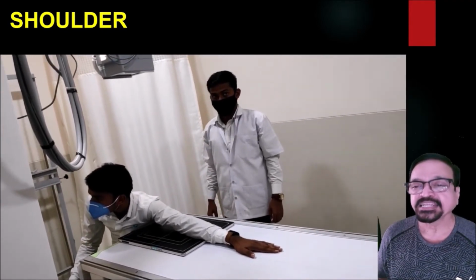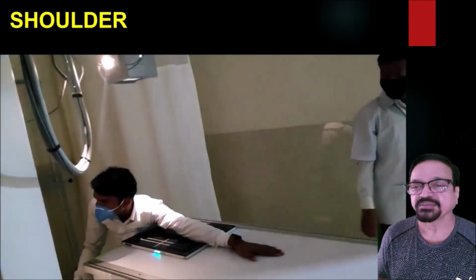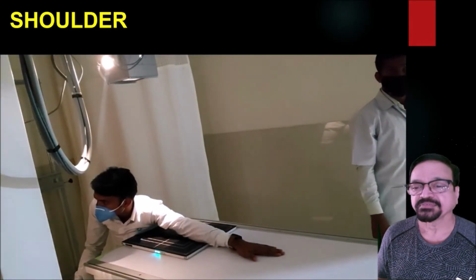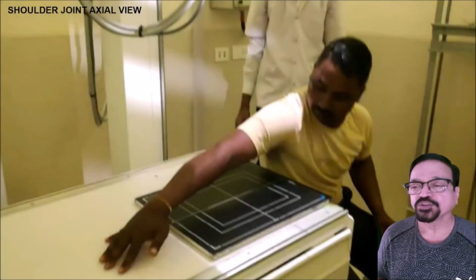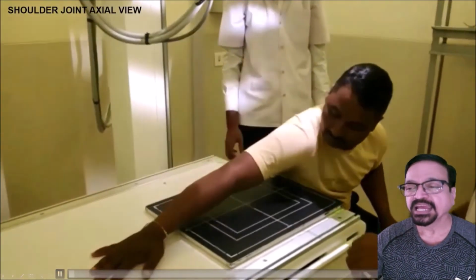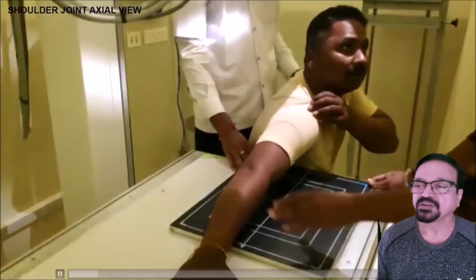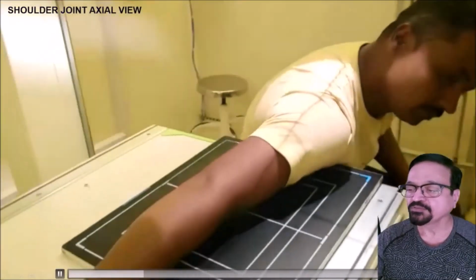In that, you can get an equally good axial projection of the shoulder joint. Again, we are showing with a different patient, the same technique, how to take an axial. You should ask the patient whether he has a painful shoulder joint.